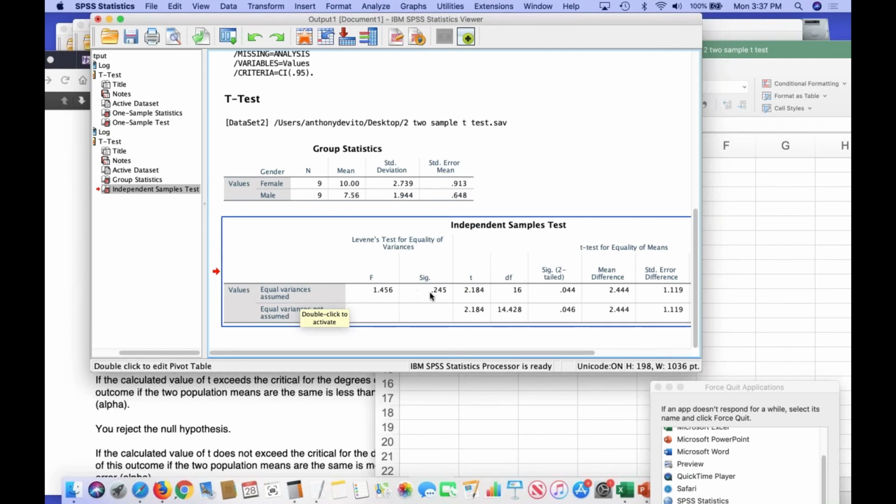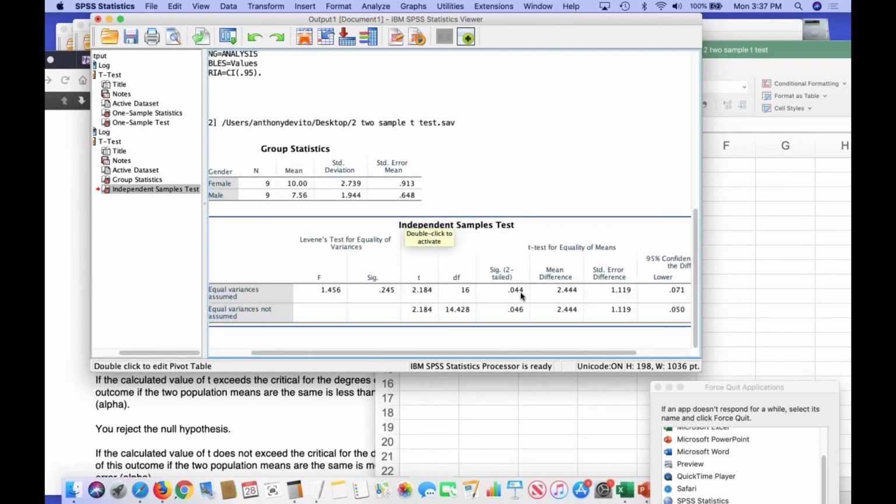If it's less than 0.05, we'll reject the idea that the variances are equal and accept the alternative and use the bottom row. So in this case, we stuck with the top. Our rough judgment of one standard deviation not being twice the other agrees with this test. So we use the top line, okay? And we reject our null hypothesis.